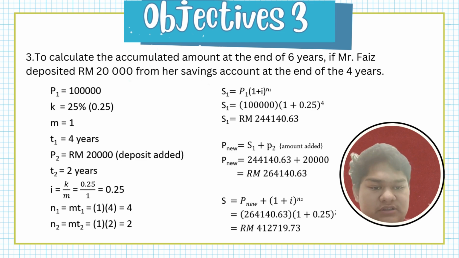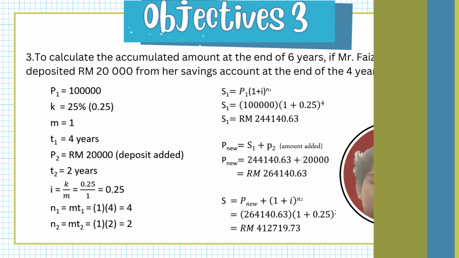S is equal to 264,140 ringgit 63 cents times in bracket 1 plus 0.25 close bracket to the power of 2. S is equal to 412,719 ringgit and 73 cents.